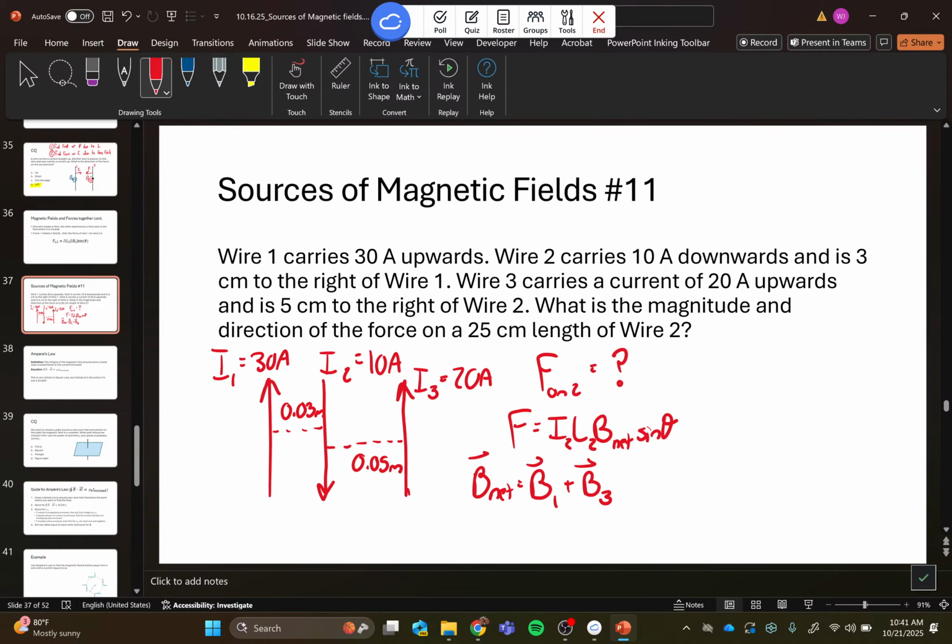So you're using right-hand rule 2 here. You're finding magnetic field.